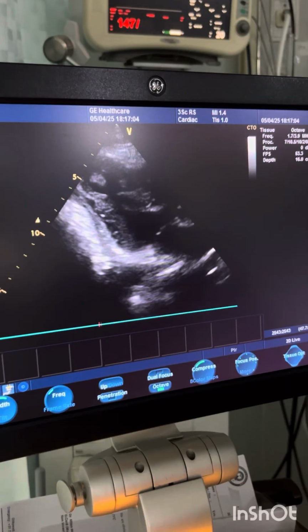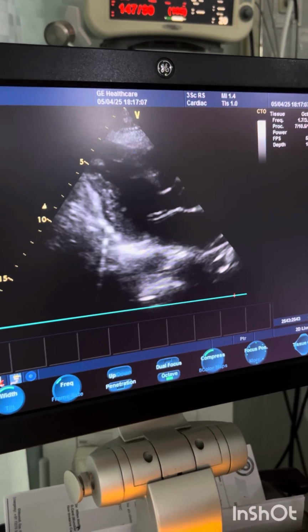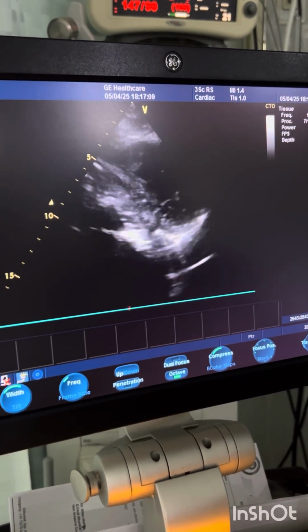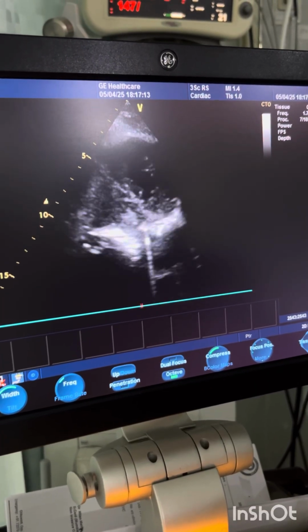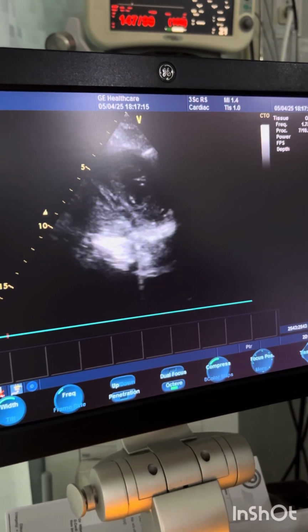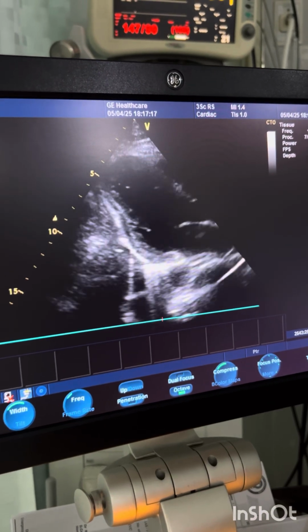Further, for the evaluation, we looked at the echo. So here are the echo findings of the patient. This is the parasternal long axis view, which is suggestive of a left ventricular apical clot.